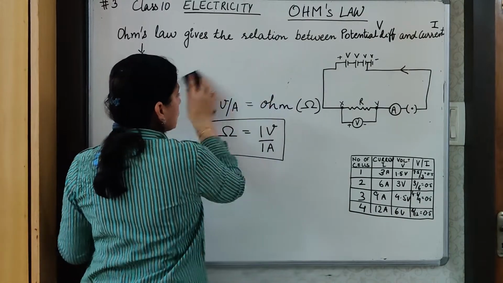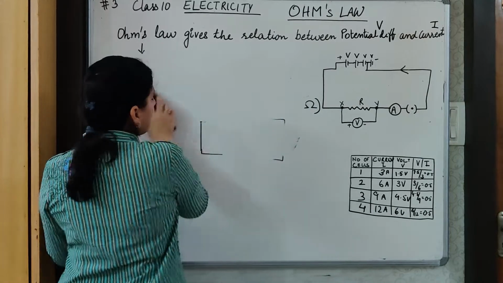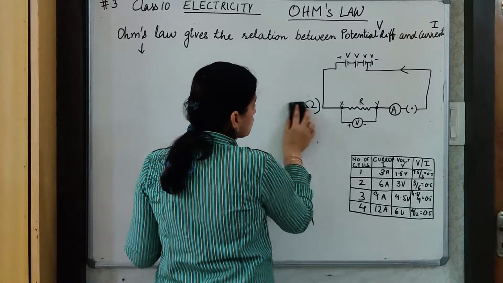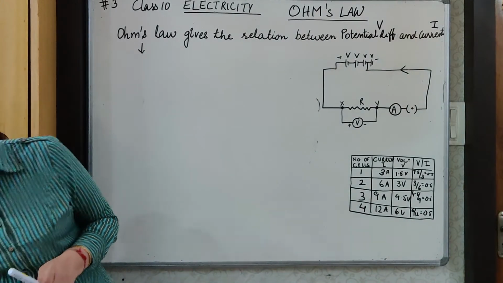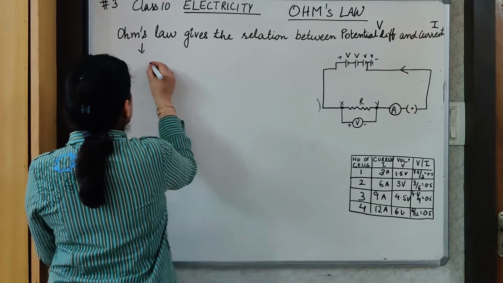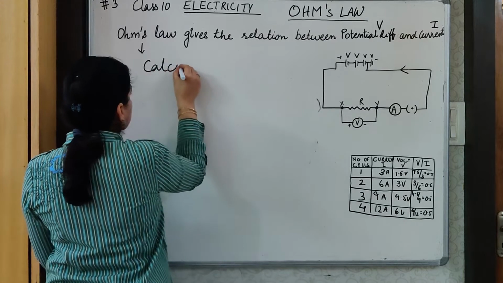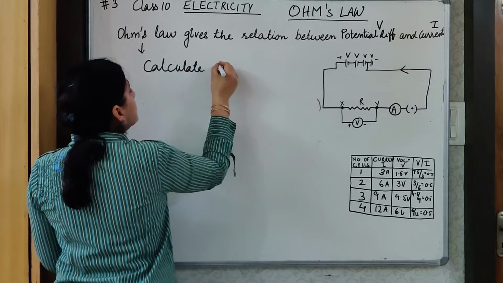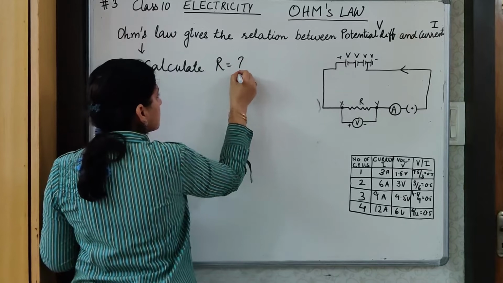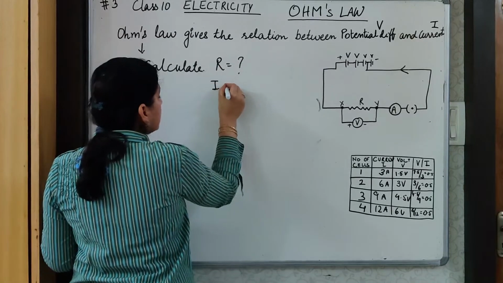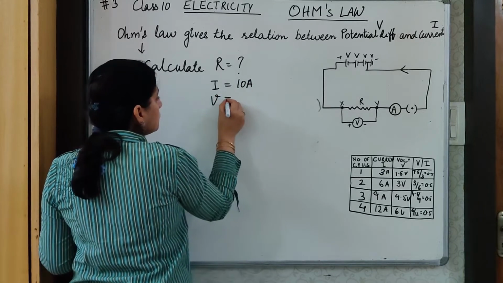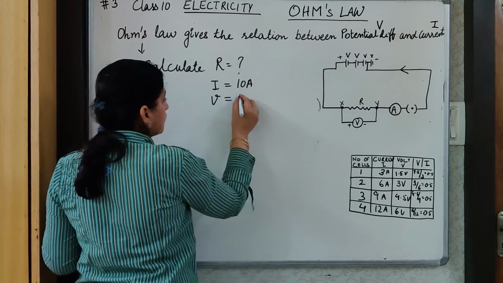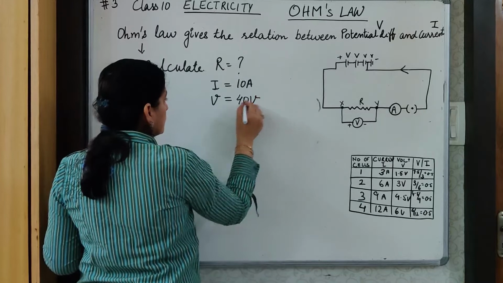We have 3 things over here, so if 2 are given to us, we can definitely find the third one. Like suppose, calculate the resistance if a current of 10 amperes produces a potential difference of 40 volt.